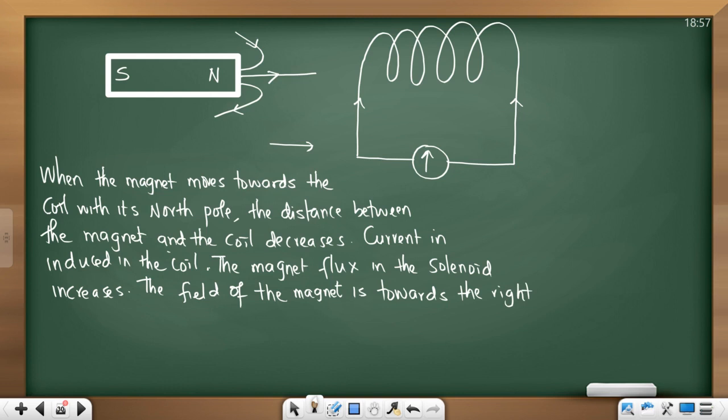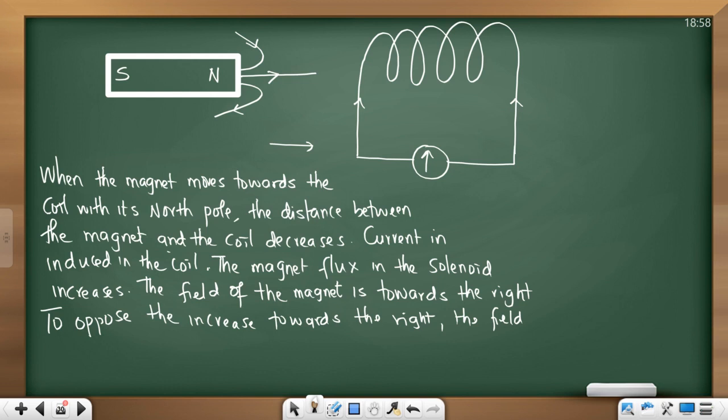But what is now the implication that we are going to have? We said it's going to keep it constant by opposing. So now, here is the key. To oppose the increase towards the right, the field produced by the current, where?